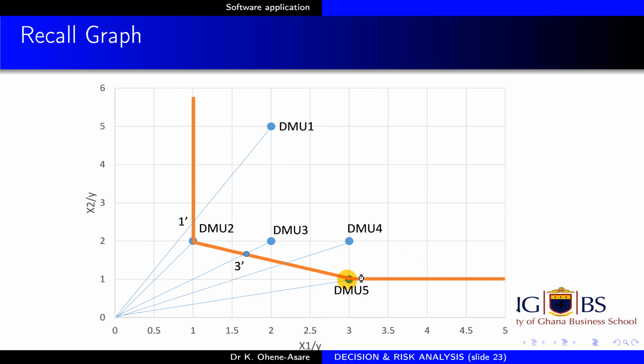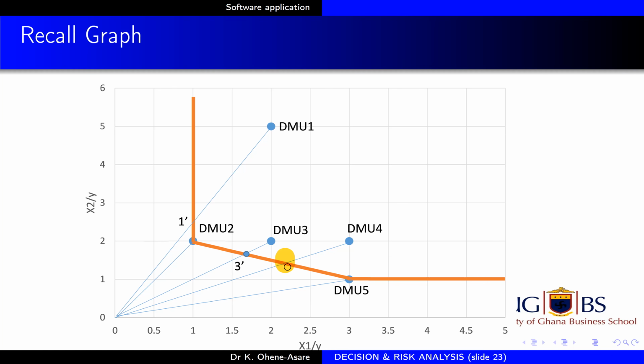However, I can have another firm like DMU4. It's not efficient. If I trace it, it will hit the boundary at a point. What point? At a point here. It will hit the boundary at that point, but at that point, there is no real DMU there. But there is an invisible, virtual, or artificial, or hypothetical DMU there. You understand?